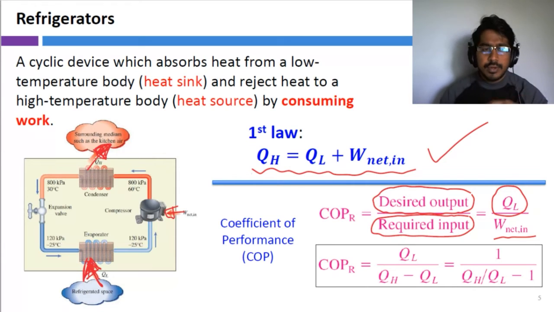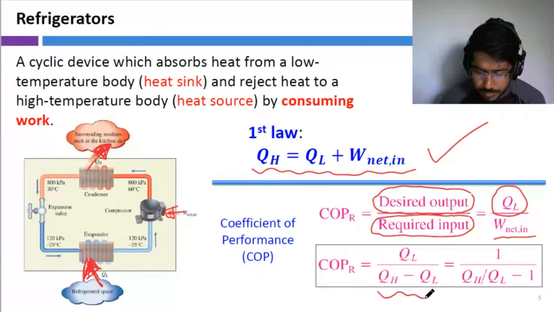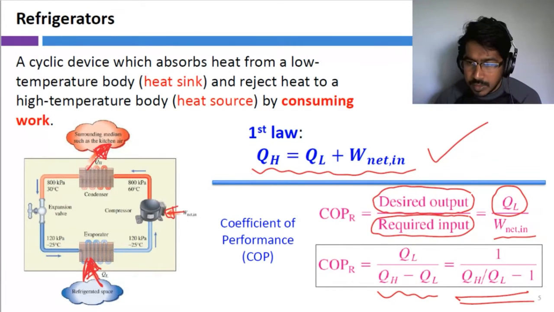So in this case, QL divided by W net in. W net in is the energy input given to your compressor by your electrical socket, and QL is the amount of heat that is removed from your refrigerator space, right? And then we can say that W net is equal to QH minus QL, and we come to this final expression, right?